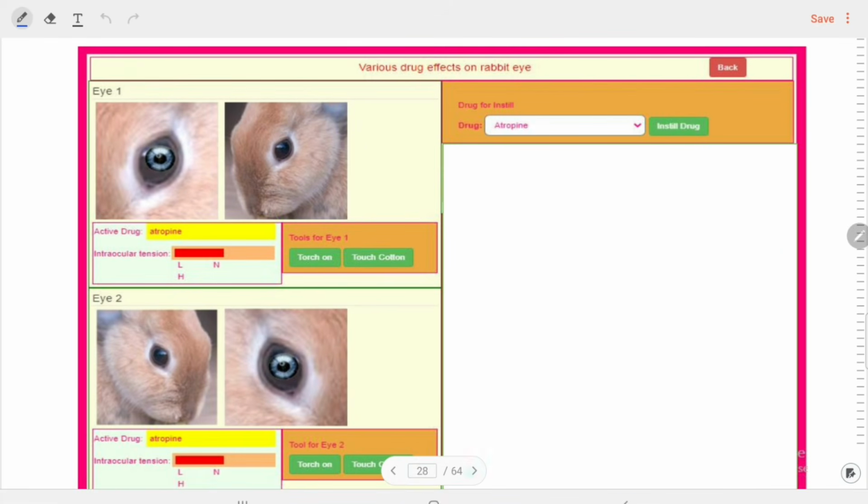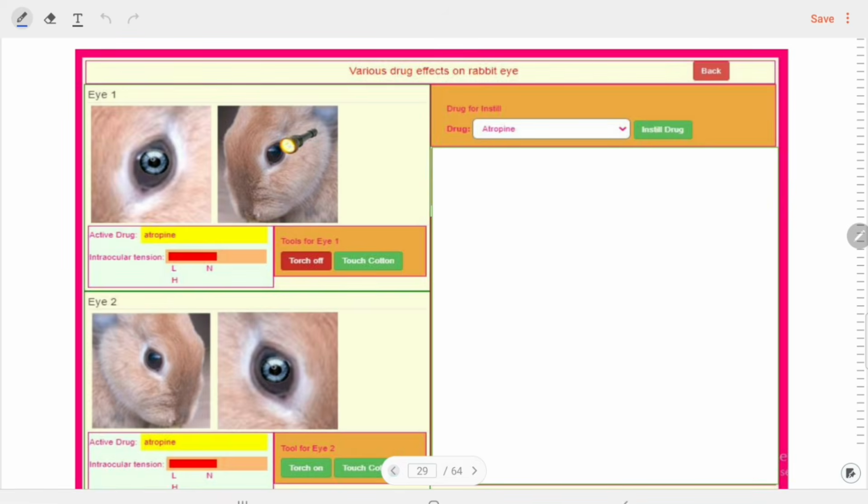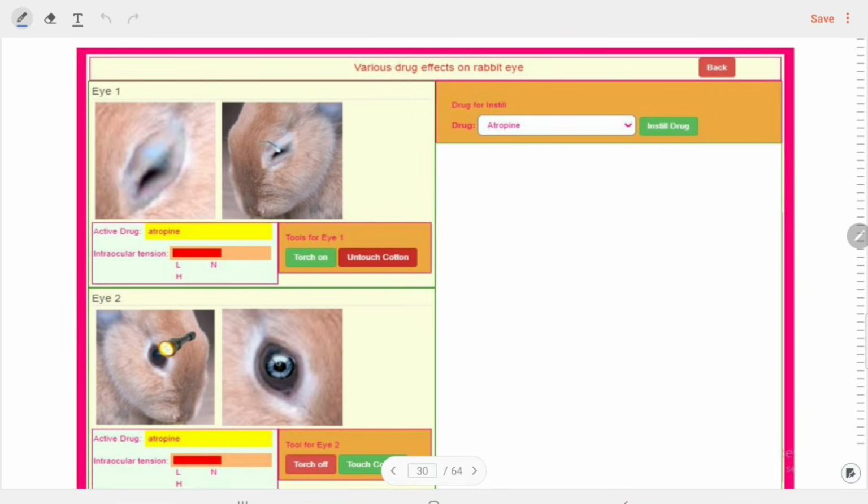Like here, we can see both eyes dilated, and the light reflex: there is no miosis, no effect of the light because of the blocking of the M3 receptors. But the corneal reflex is present because there is no involvement of the sodium channels that are present in the orbicularis oculi muscles.